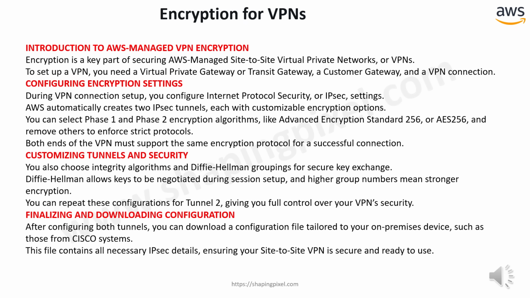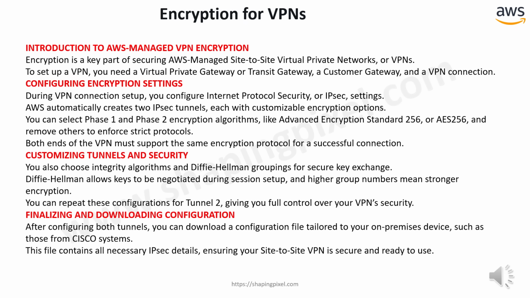Both ends of the VPN must support the same encryption protocol for a successful connection. You also choose integrity algorithms and Diffie-Hellman groupings for secure key exchange. Diffie-Hellman allows keys to be negotiated during session setup, and higher group numbers mean stronger encryption.